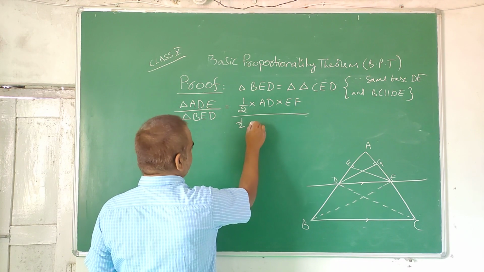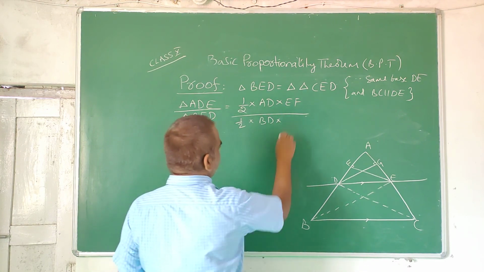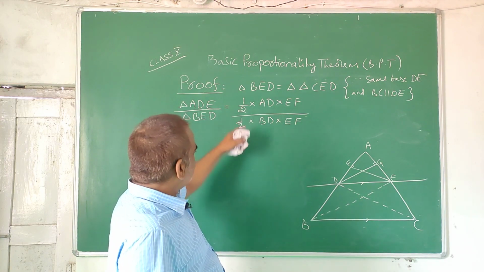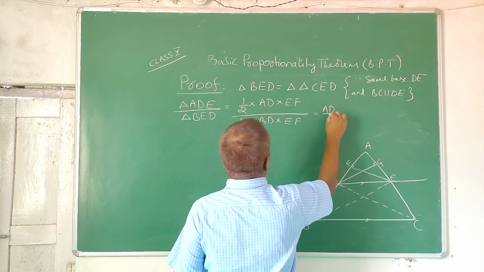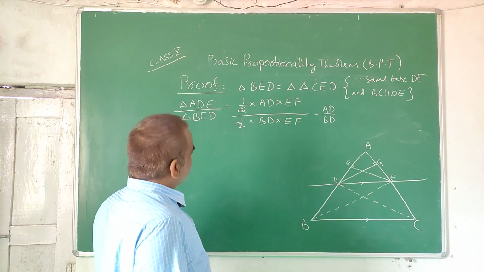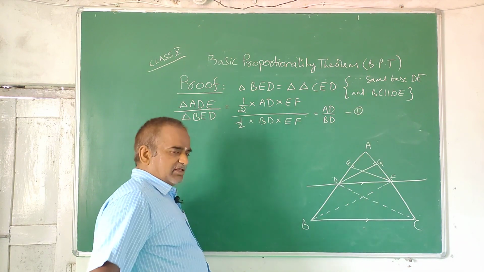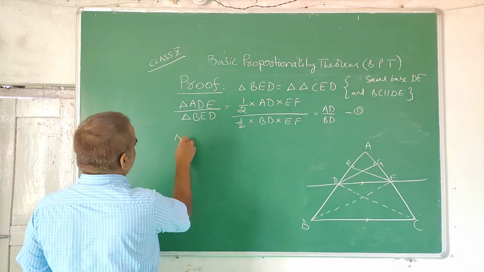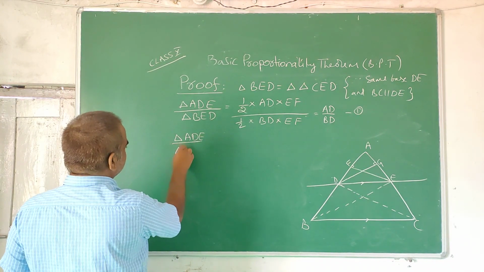Then the half gets cancelled, and EF gets cancelled. So area of triangle ADE by area of triangle BED gives AD by BD. You keep it aside. Now you go for the ratio of the areas of triangle ADE to triangle ECD.